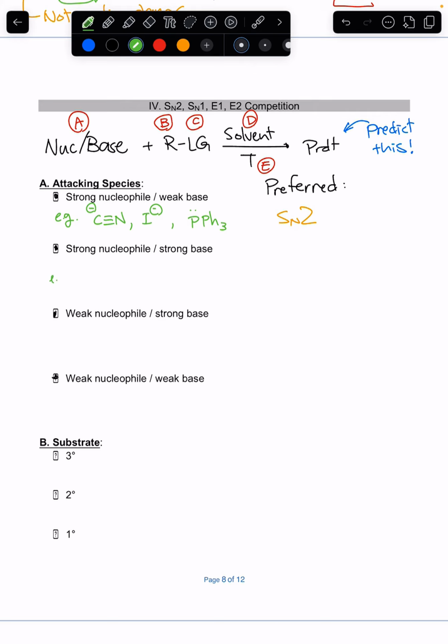What are some examples? Well, alkoxides that are not bulky, maybe we'll say slim alkoxide, or alkynide.